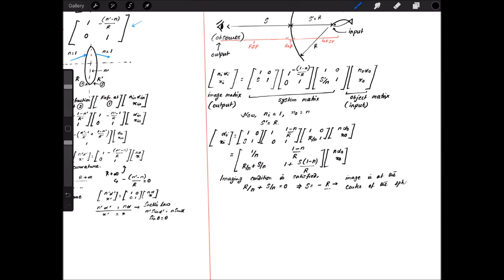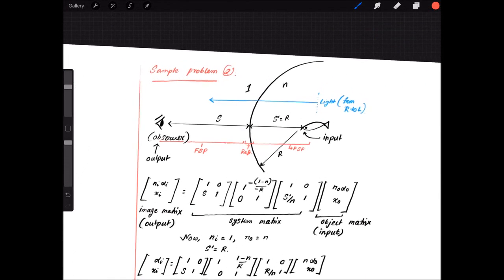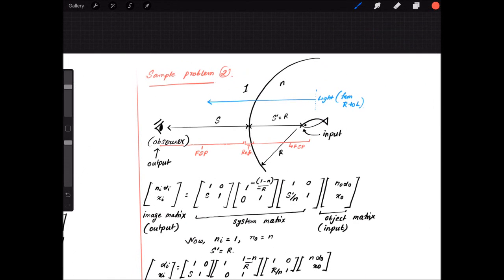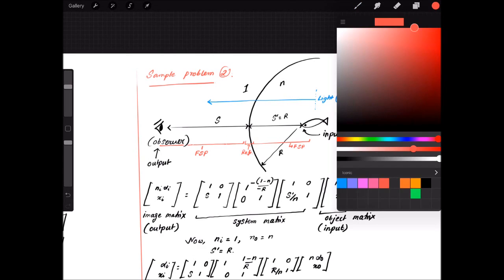What does the negative sign mean? The negative sign means that the image is virtual. I'll explain what I mean by that. Since the light is coming from a refractive index which is higher on the inside than where the light is traveling to, light rays would bend outward.